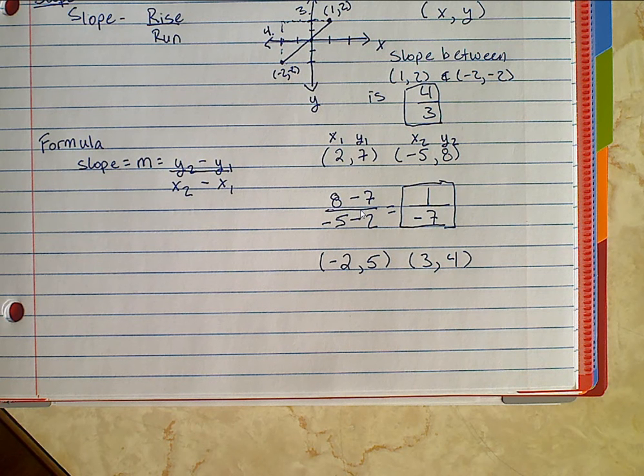So it should be 3 minus negative 2. So it's 3. Should be 4 minus 5 on top, and then 3 minus negative 2 on the bottom.